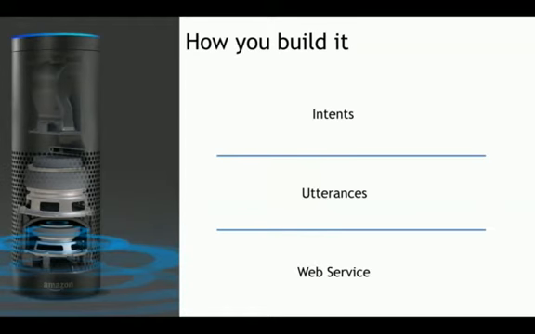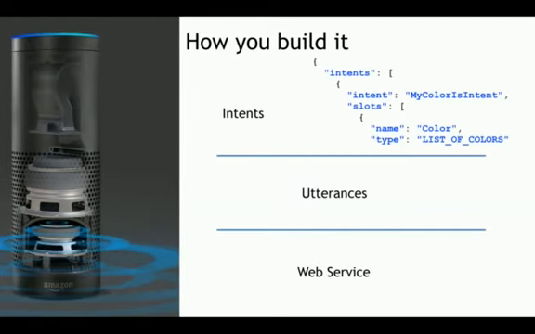So like I said, what we need to build a skill are three things: intents, utterances, and the web service. What is an intent? An intent is just a little bit of JSON that defines a blueprint for what our skill can do.